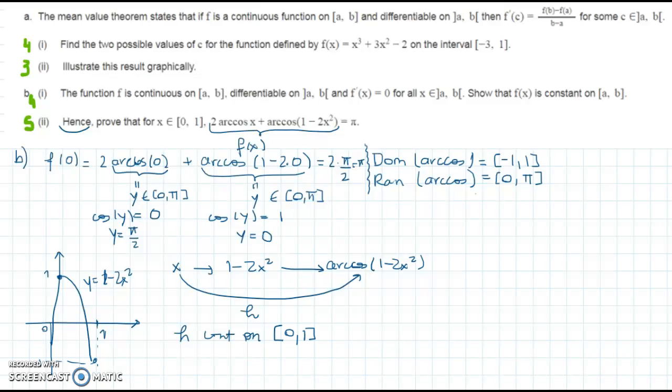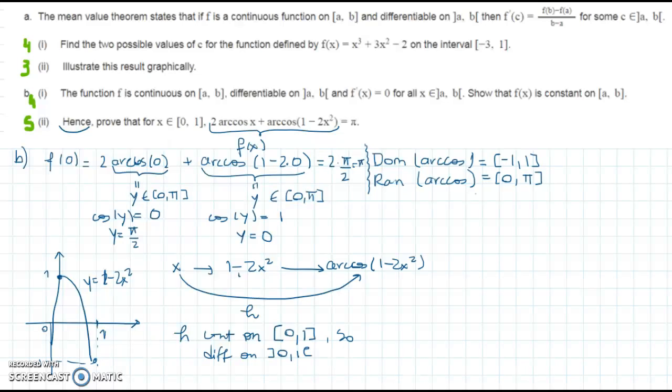It was a key point that after I applied the first part of the function, I landed on the interval [-1, 1], so I was able to apply the arccosine function. And it's also differentiable on the open interval, because we are composing things that make sense to compose, and both the pieces we are using to compose this function are continuous and differentiable.